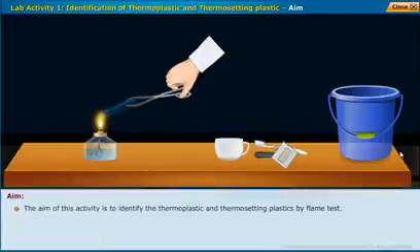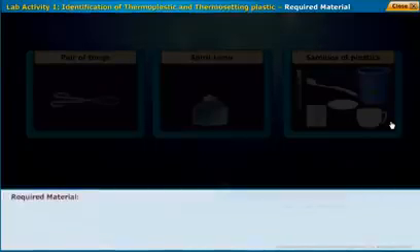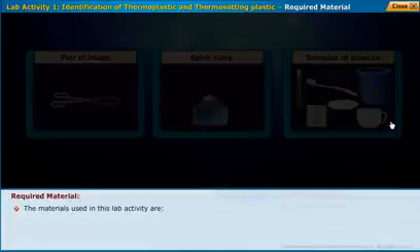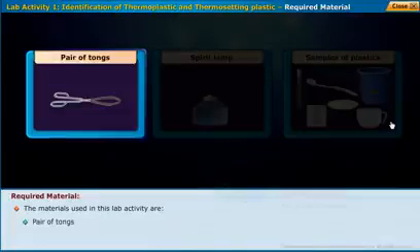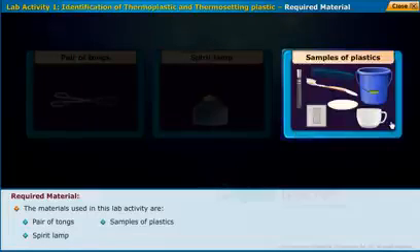The aim of this activity is to identify the thermoplastic and thermosetting plastics by flame test. The materials used in this lab activity are a pair of tongs, a spirit lamp, and samples of plastics.